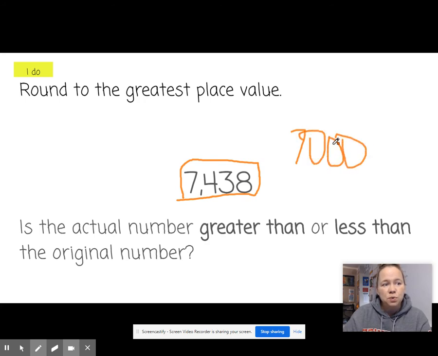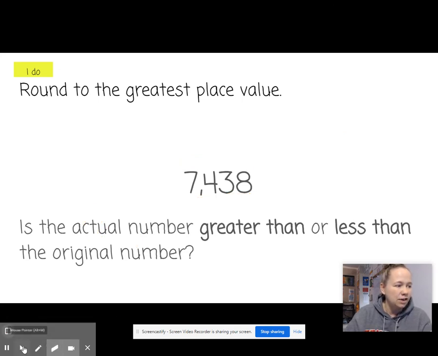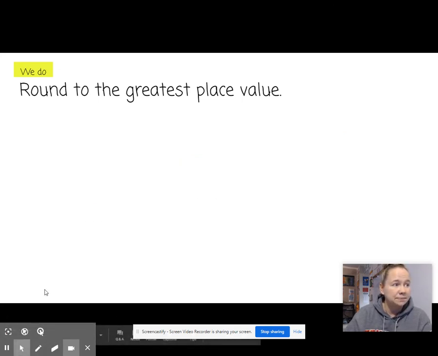So is the actual number greater than or less than, this is supposed to say estimated. I made a mistake. Is the estimated number greater than or less than the original number? So this is my original number. My estimated number is less than the original number. Great. I wonder if I made that mistake on all these slides. I'll have to go back and fix it.